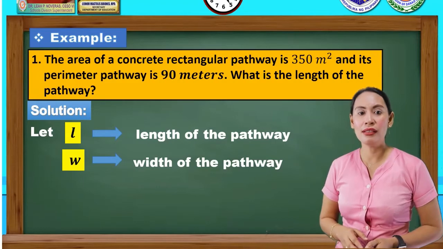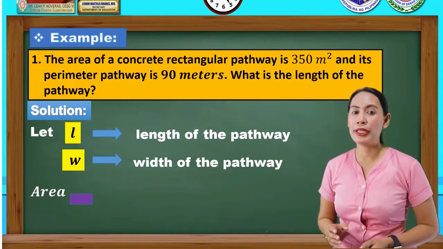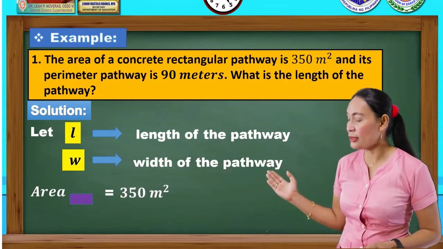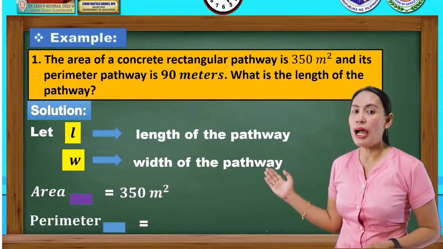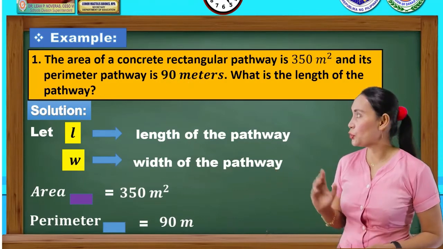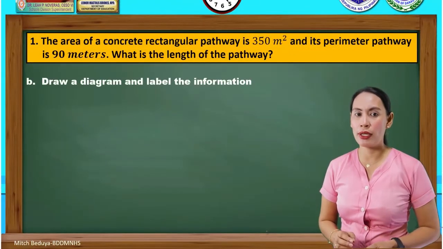Then the area is 350 square meters, and the perimeter is equal to 90 meters. Then, let us draw the diagram and label the information.